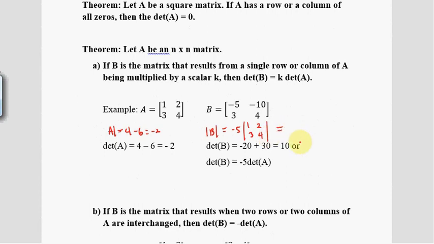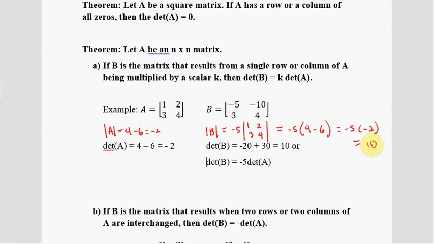So here, this is negative 5 times the 4 minus 6, which really was just negative 5 times the determinant of A, which is that negative 2 on the inside. So this is negative 5 times negative 2. We just get 10.